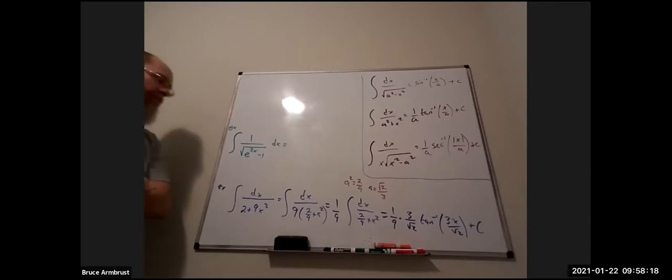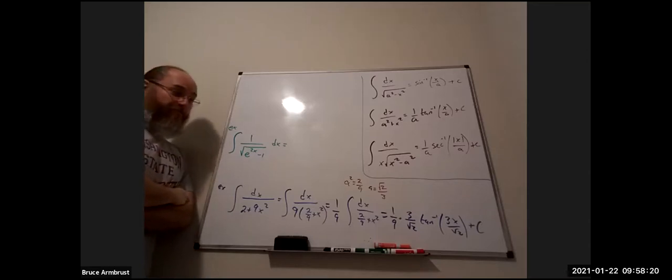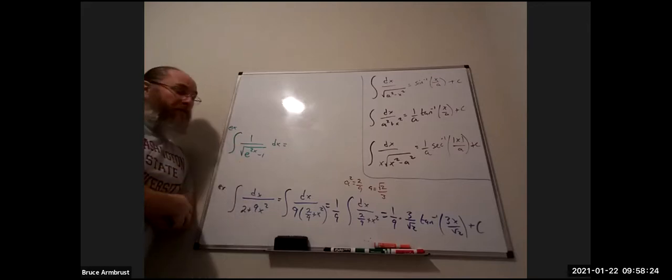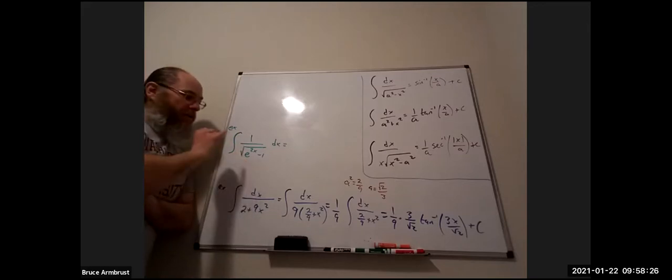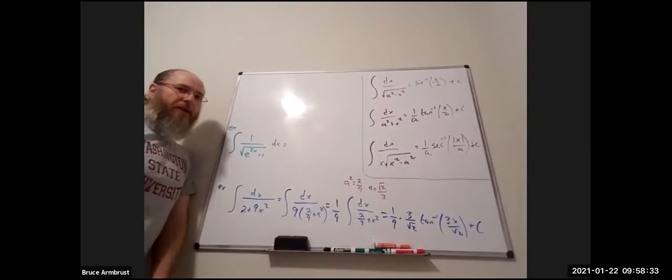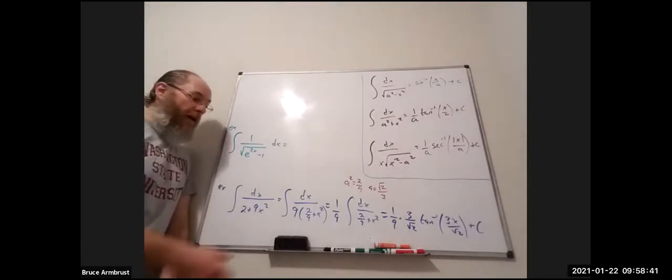All right, so looking at that, even if we weren't talking about inverse trig functions, you probably think you want to do a substitution, right? Substitution seems like a pretty obvious thing to do. And we could do that, and we will do that.